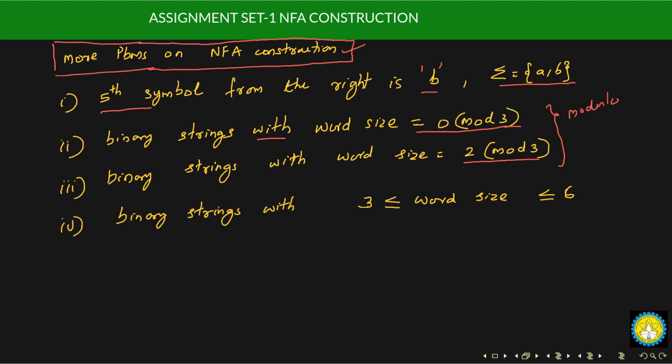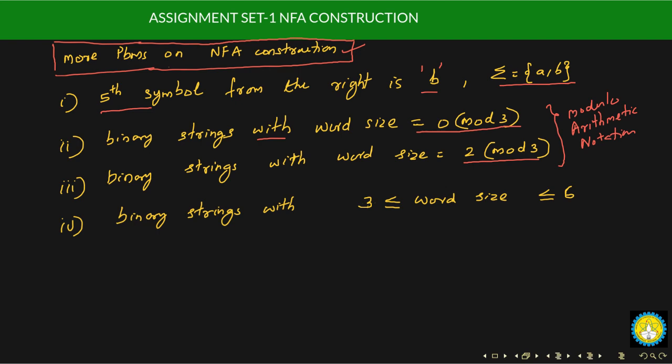We had a very detailed video on how to solve problems with regard to modulo arithmetic notations in DFA, and a very similar approach can be used here. And again, remember, in the process of designing an NFA, if you're getting a DFA, that's also perfectly okay.